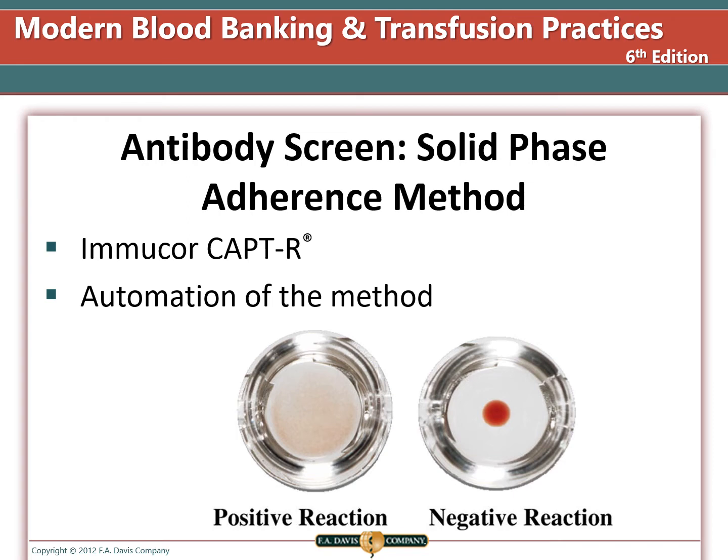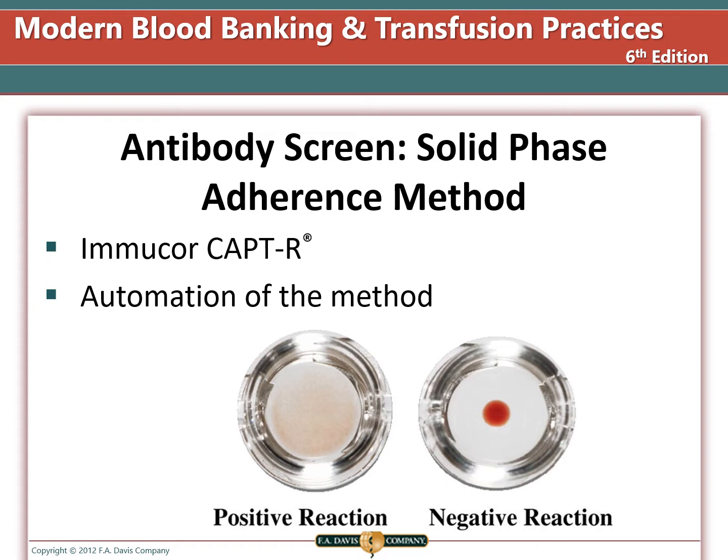The Immucor Capture-R automated method is a solid phase adherence method. The cells are coated in anti-human globulin. If the screen cells become coated with patient antibody, the complex will stick to the bottom of the reaction chamber, as shown in the positive reaction below.